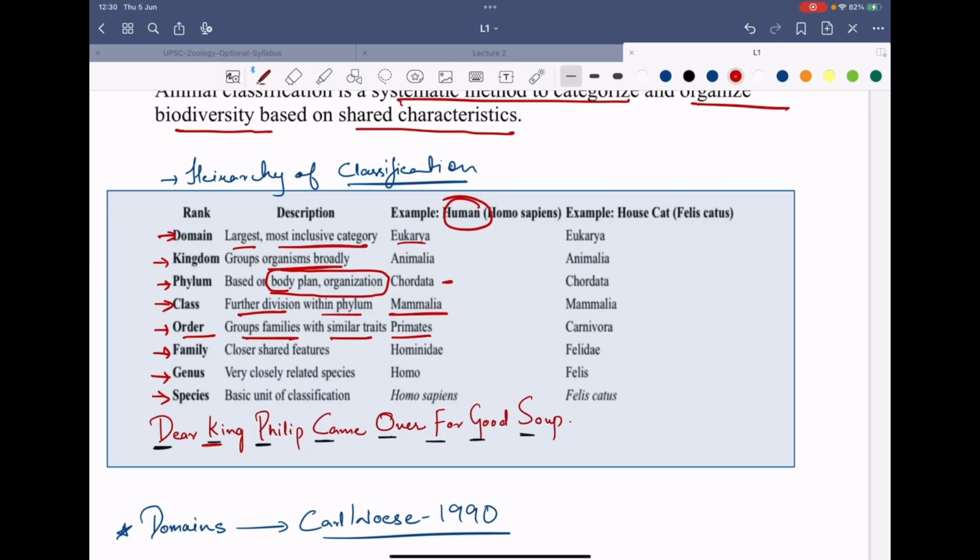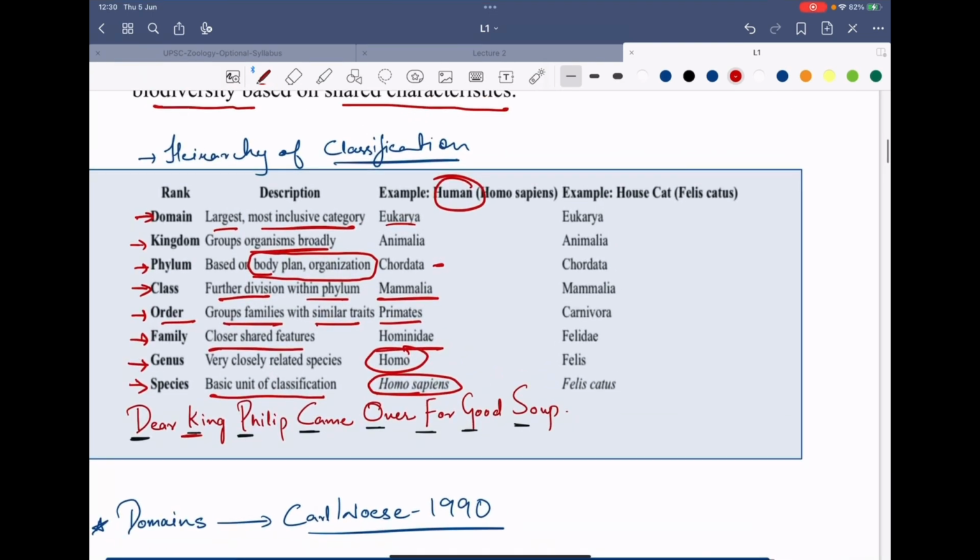Then family contains more closely shared features, like Hominidae, humans. Then after that we have genus, where we have very closely related species, Homo. And species is the basic unit of classification, Homo sapiens. So I hope this is somewhat understandable at this point.